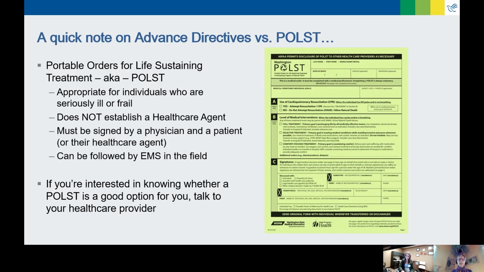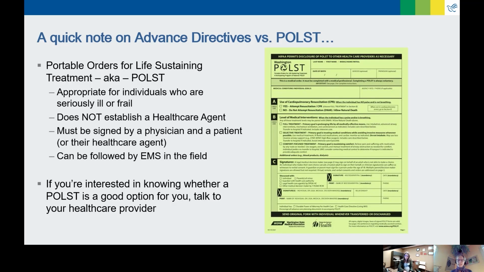A POLST is really intended for individuals who are seriously ill or have a frail medical condition where full emergency medical care has the potential to do more harm than good. It does not establish a healthcare agent. It must be signed by a physician, a physician assistant, or a nurse practitioner, and the patient or their medical decision maker.